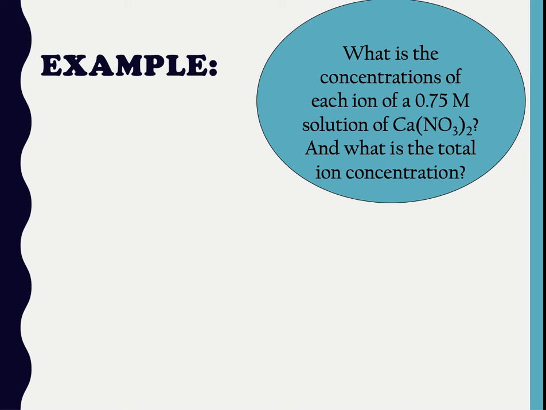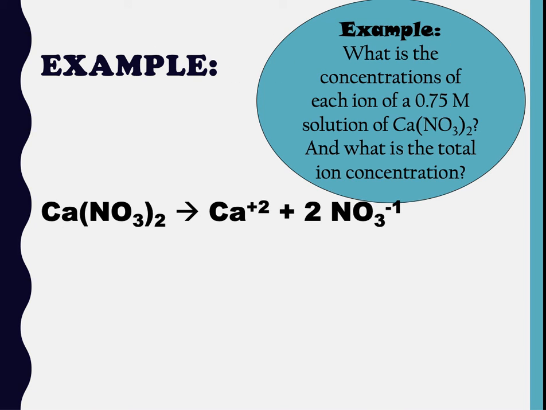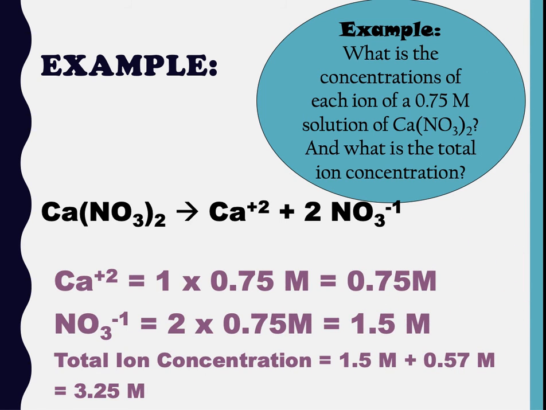because we need to be able to look at the charges of these things. And so we start with our calcium nitrate, and this is what it breaks up into. So we get a single calcium ion and 2 nitrate ions floating around in solution. So then to figure out each ion, let me put everything on screen here.